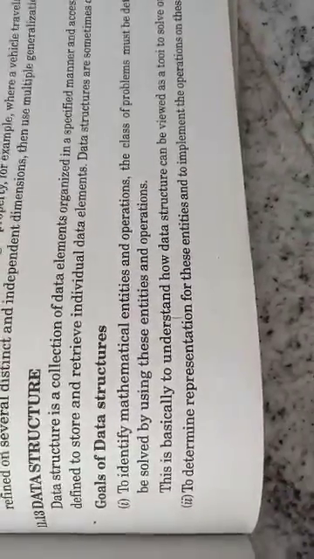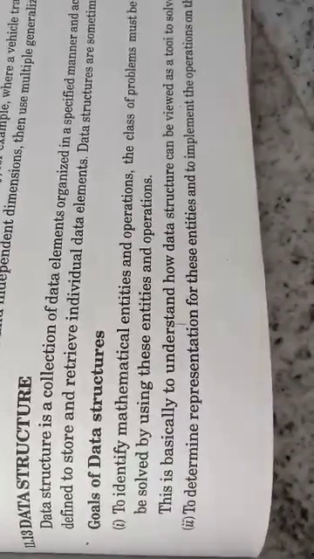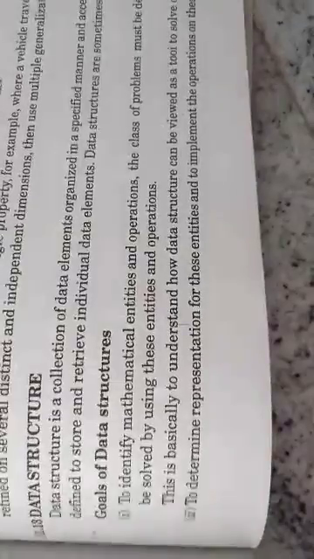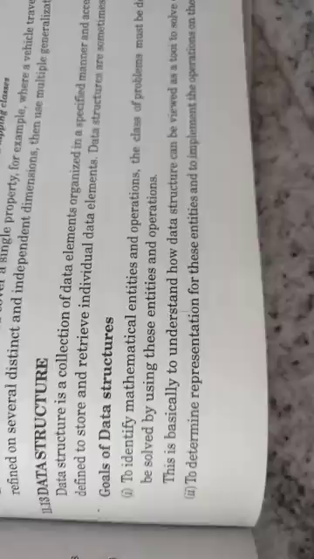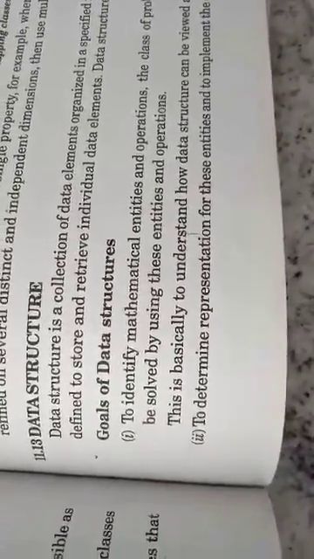Data structure means a collection of data elements organized in a specific manner and accessing functions are defined to store or retrieve individual data elements. That is data structure. Data structures are sometimes called data types.